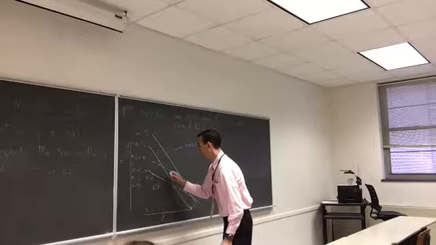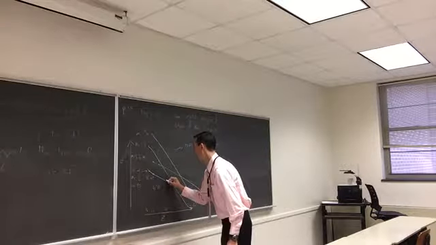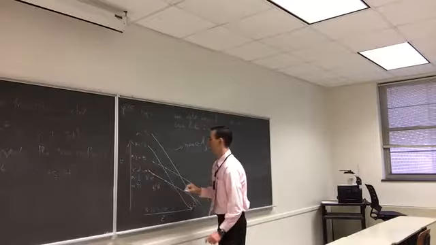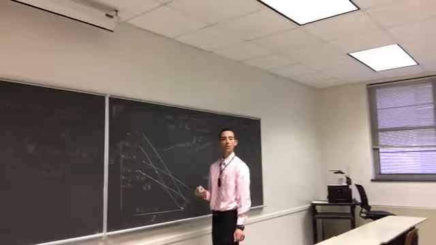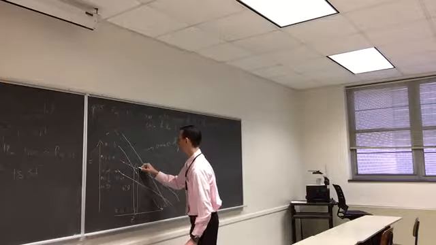It's not until we get here to chromium where we get a 4s, then we hit a 3d, and then we get back to 4p. So chromium is the first case.